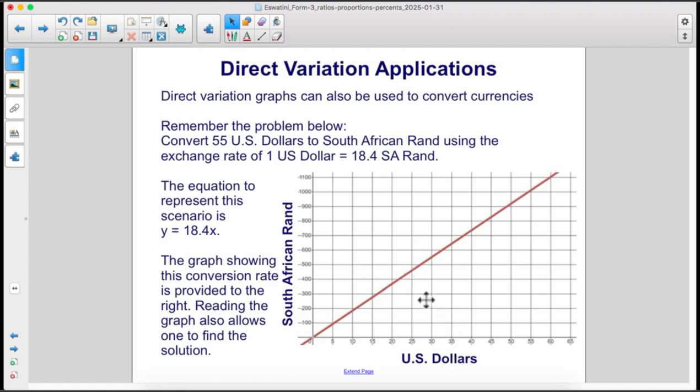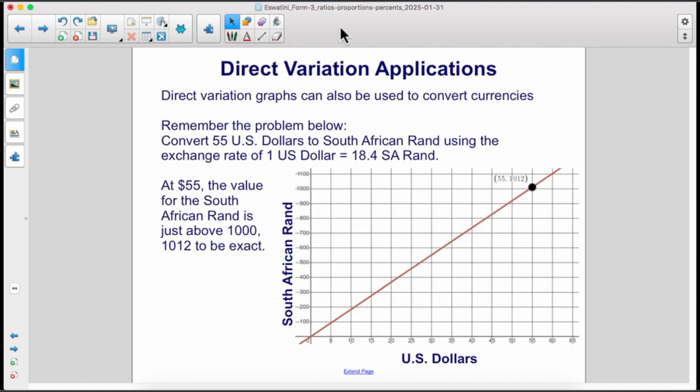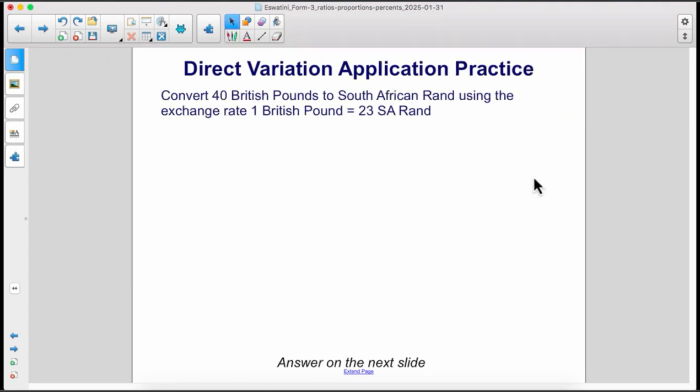The graph showing this conversion rate is provided to the right. Reading the graph also allows one to find the solution. At 55 US dollars, the South African Rand is just above 1,000, 1,012 to be exact.